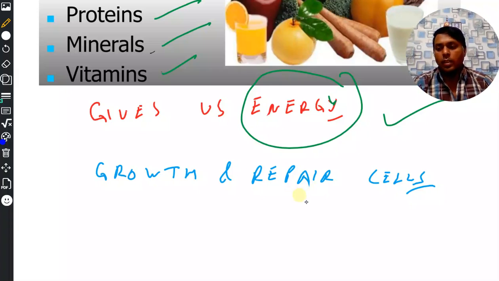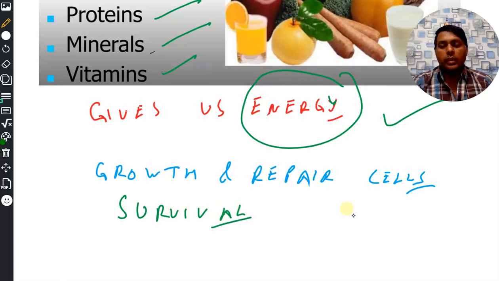And it also helps in survival of what? Survival of cells. If we don't eat these food items, we will die. And it also helps in maintenance of the cells.